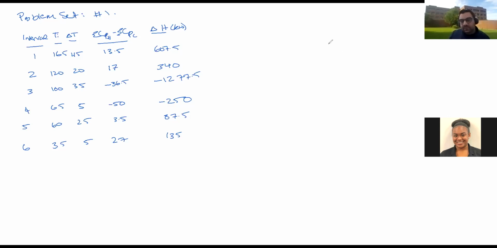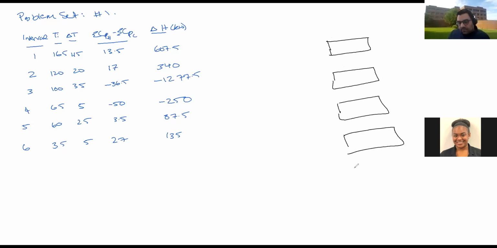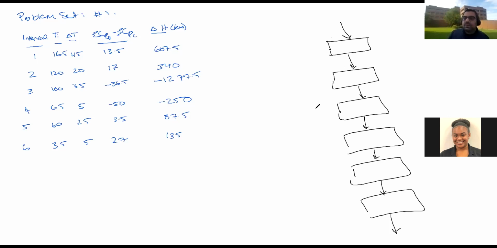So here I have 6 intervals. I'm gonna draw out 6 boxes, 1, 2, 3, 4, 5, 6. And then just connect them with arrows. It's just a graphical representation. We're gonna fill it out in a second with the numbers. And then once we have this, let's populate this using the numbers I have here.